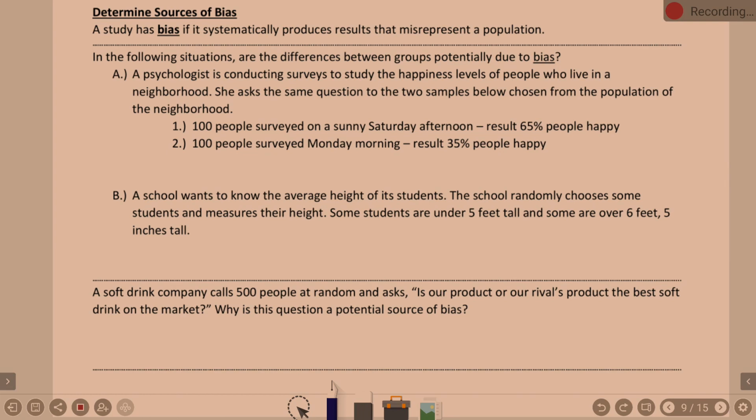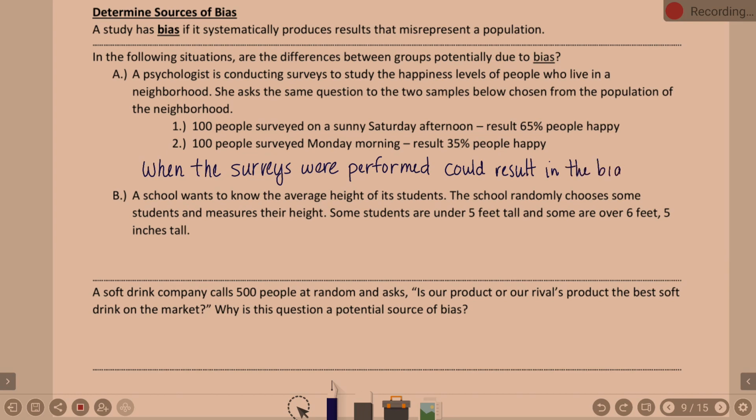And that's all I have written here: when the surveys were performed could result in the bias. So, Saturday afternoon versus Monday morning.